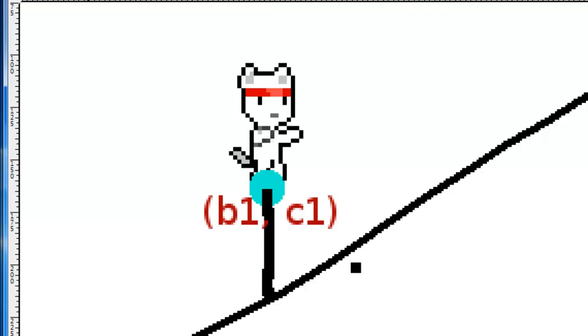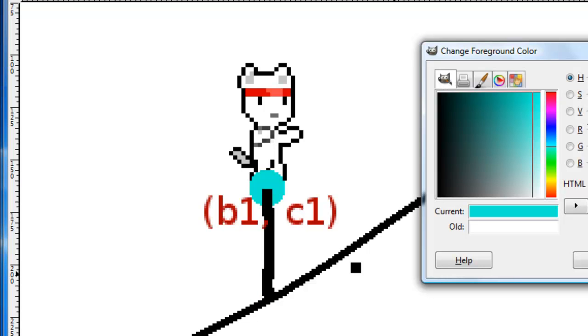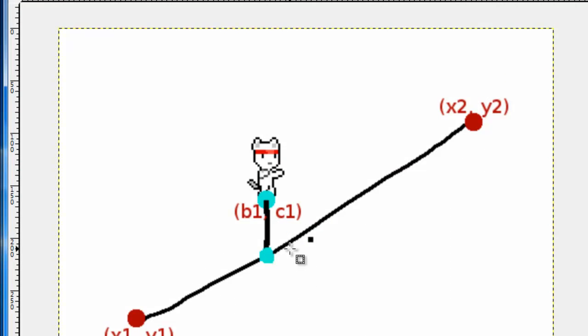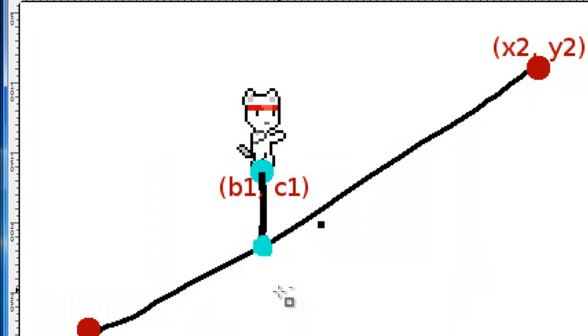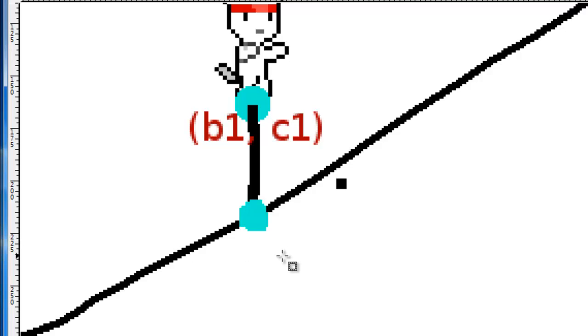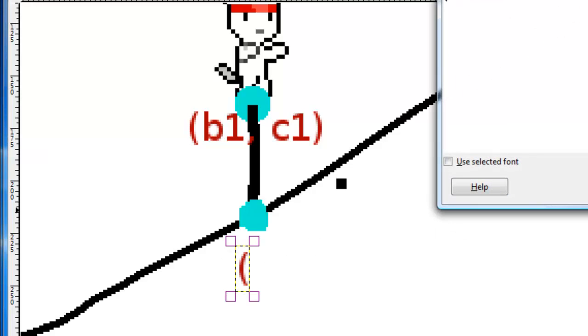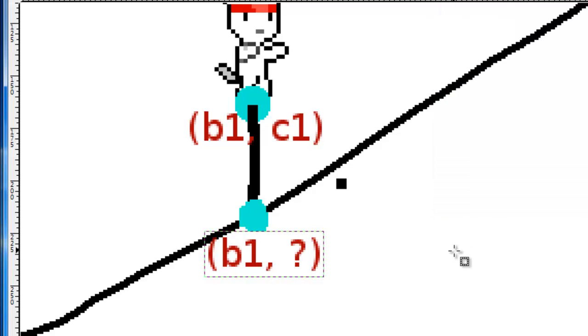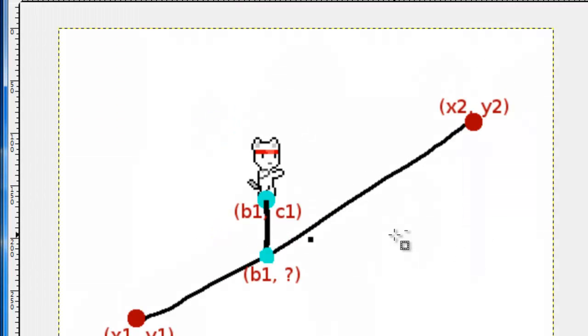Now, we already know the x position of this point right over here. It's equal to b1 for the x value, and it's equal to a question mark y value. We don't know the y value. So what we need to do is solve for y.